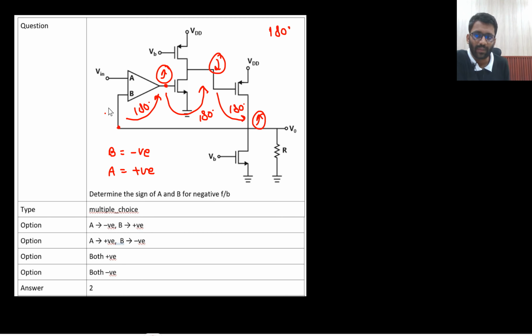There is no use of this one. This is just to confuse you. Now what you want? You want this node to go down. That means B should be negative. If something is going up, B should be negative, then output will go down. By this you can check, or phase shift is the easiest method. 180 degree, 180 degree, another 180 degree needed, so B should be negative. That's it. Okay. And A should be positive.